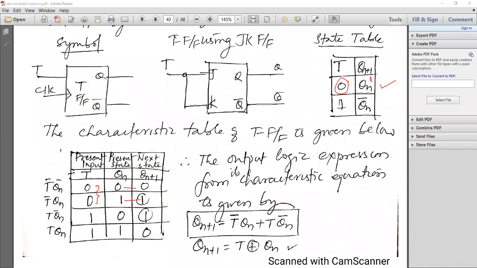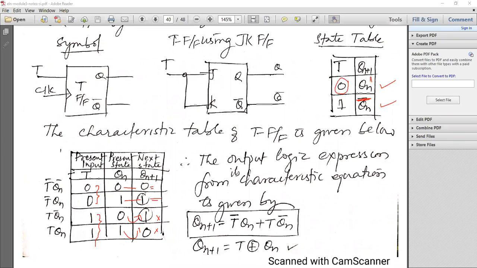For the other input, that is for T equal to 1, you can see it is being inverted. Why? Because the state table or the truth table says it is Qn bar. That means it is inverted, 0 to 1, and 1 to 0. Here it is equal, but here it is inverted. 0 means 1, 1 means 0.